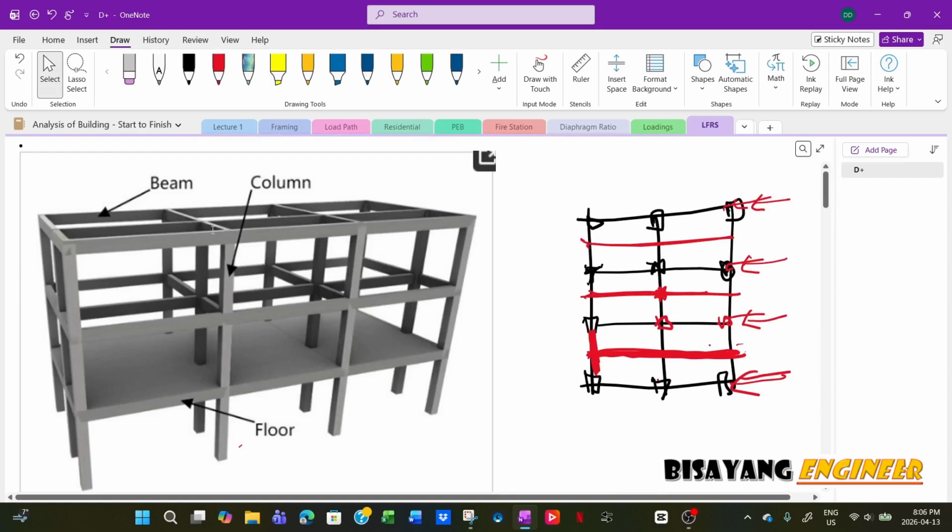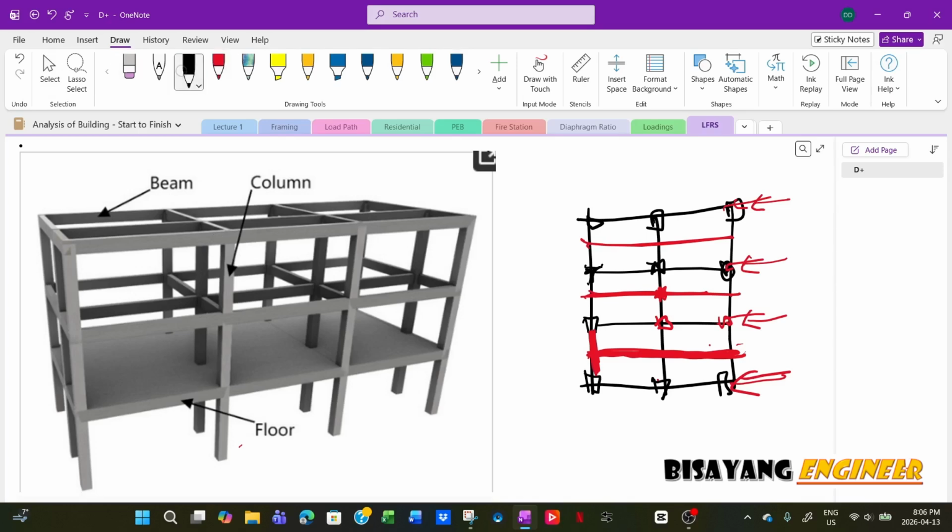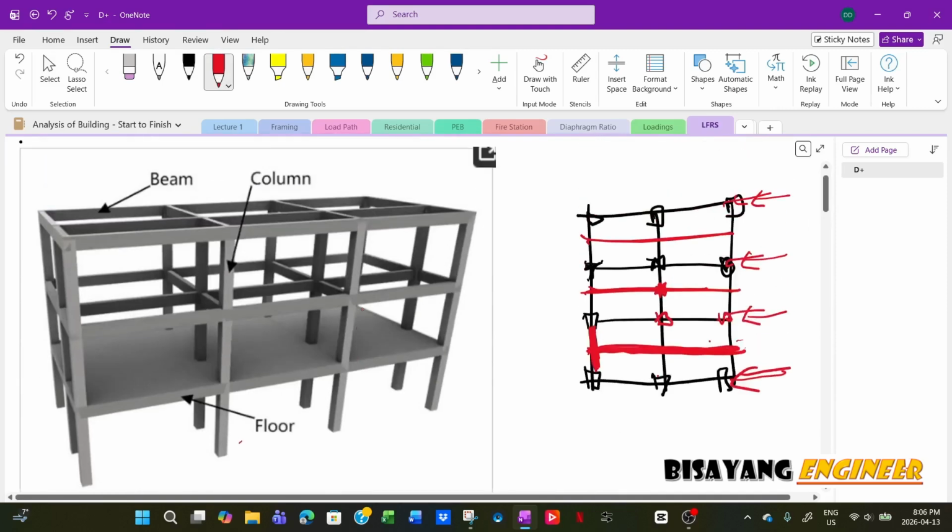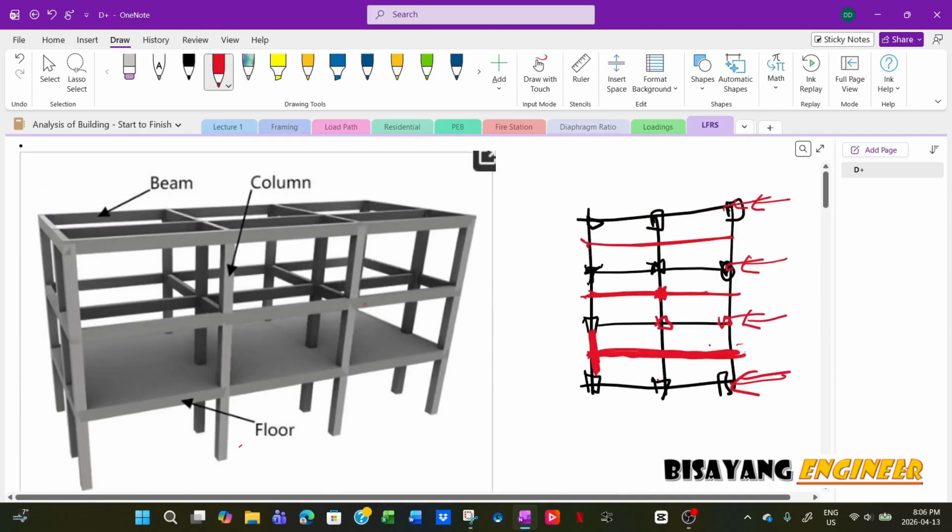Now you already know how the loads are transferred. So instead of a rigid connection here, because this is concrete or shear wall, all you have to do is assume a cross bracing right here.